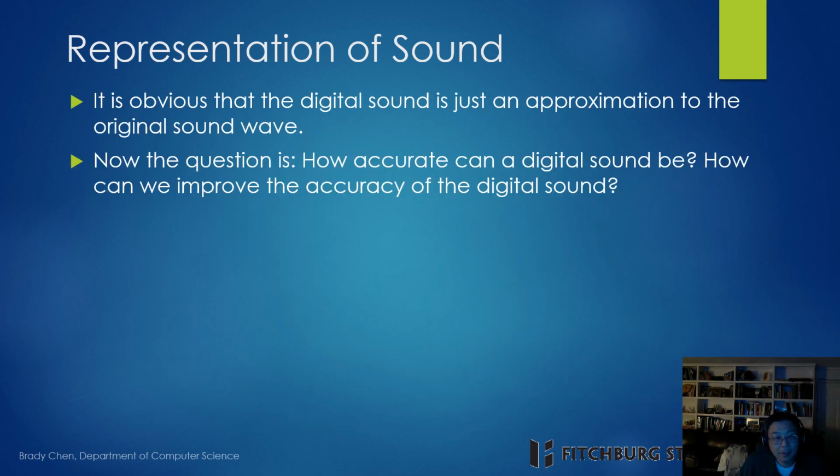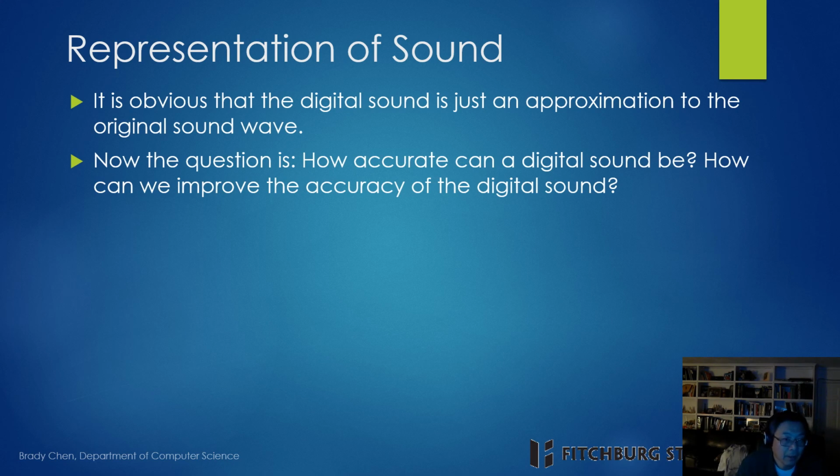So it's kind of obvious that the digital sound is just an approximation to the original sound wave, because the original sound wave was very smooth, right? But the digital sound, you can see the angles over there, so it's not really that smooth. Now the question is, how accurate can the digital sound be?